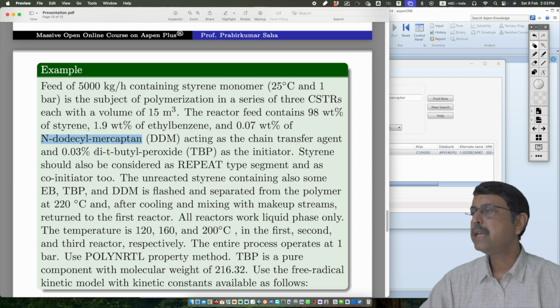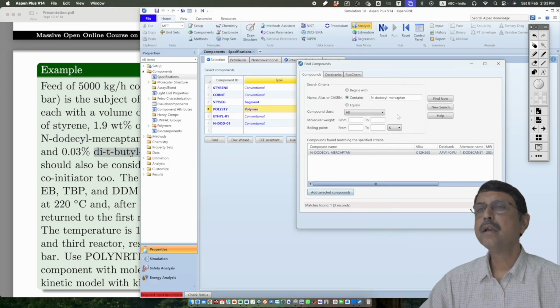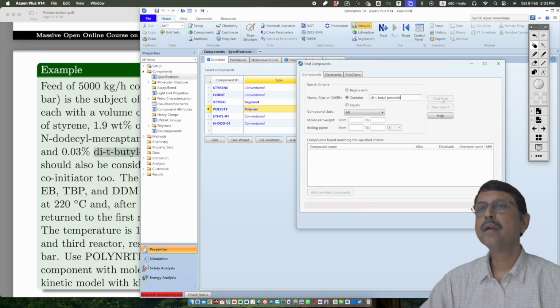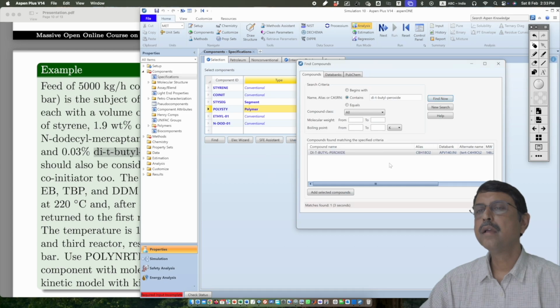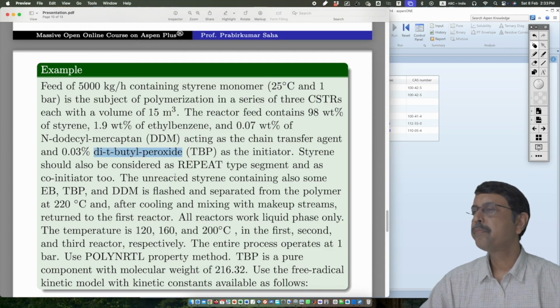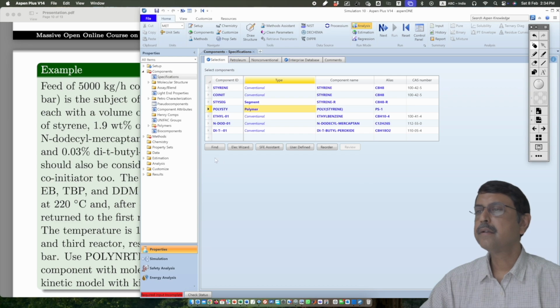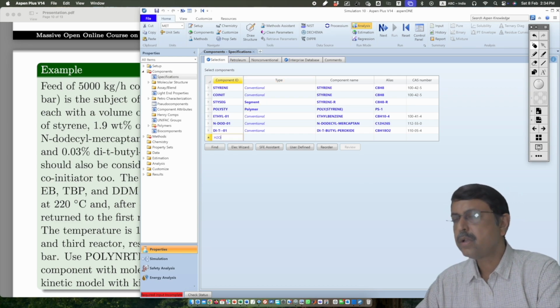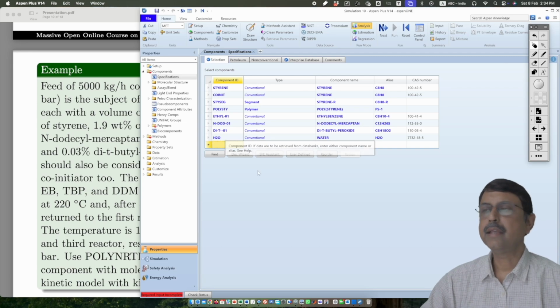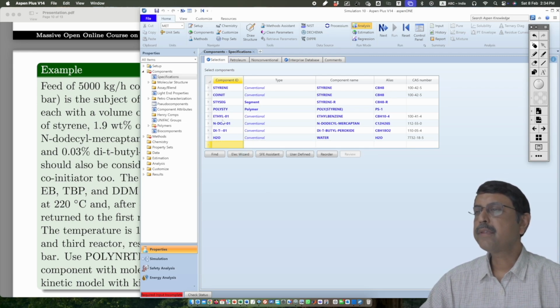And we have di-T-butyl peroxide. So did I take all of them? We have taken styrene, polystyrene, ethyl benzene, dodecyl mercaptan, TBP, then styrene segment, styrene co-initiator, and water. I don't know whether water will be necessary or not, but there is no harm in taking the water over here. We'll rename some of them.